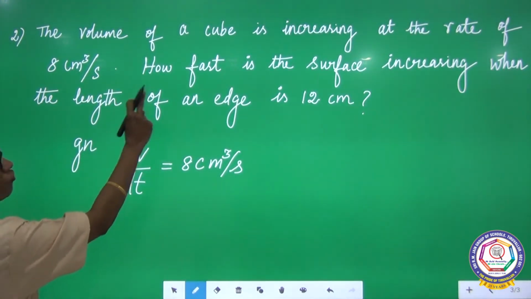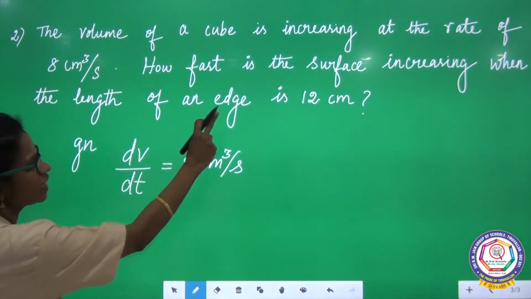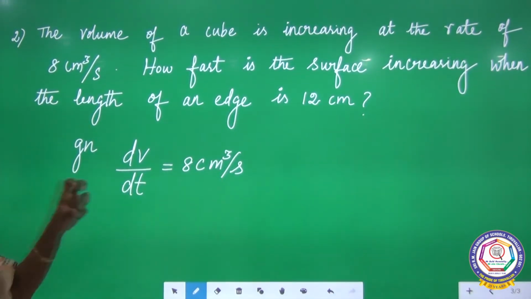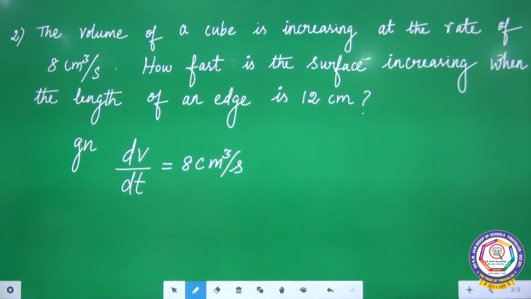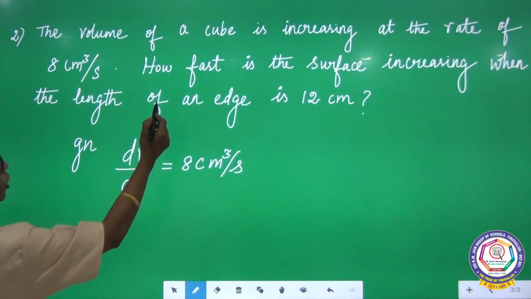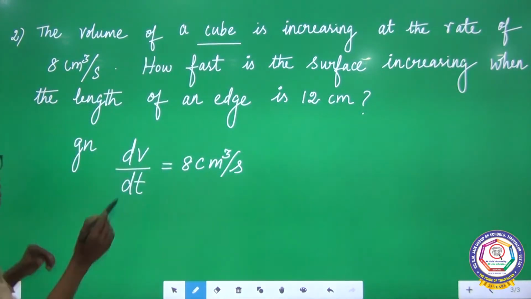Now, how fast is the surface area increasing? Surface increasing, that means surface area. Here they discussed volume of a cube. What is the formula for volume of a cube?